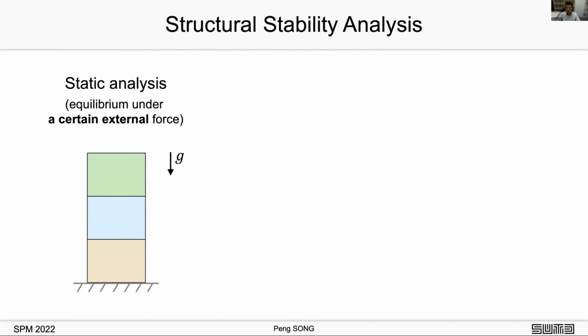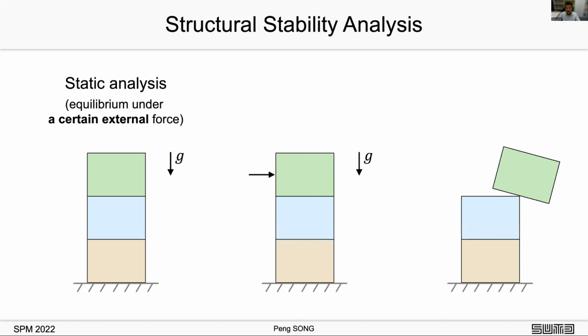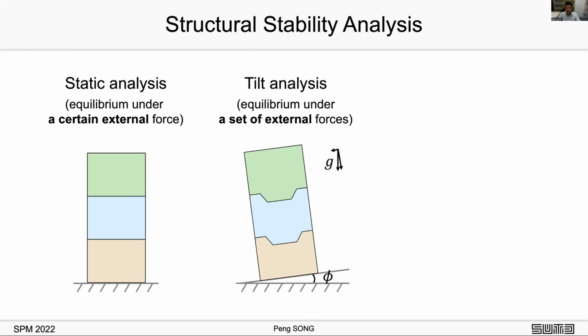It can tell us if a given puzzle is in equilibrium under a certain external force. However, a lateral force, such as those from an accidental touch, can easily make it collapse. In practice, a puzzle should be in equilibrium not only under gravity, but also under lateral forces. So tilt analysis is a process to quantify this lateral stability.